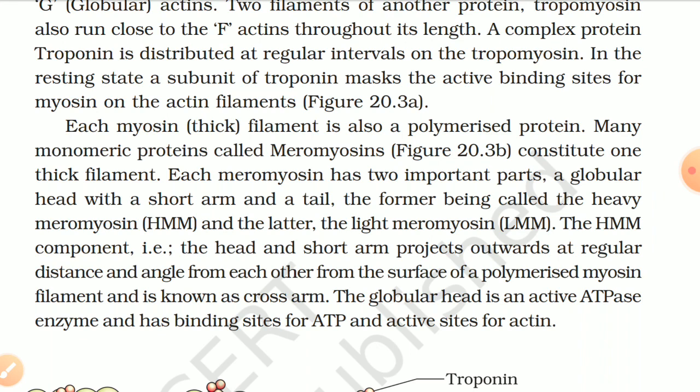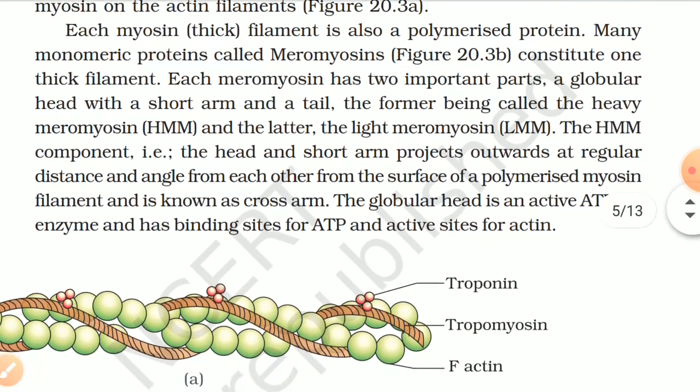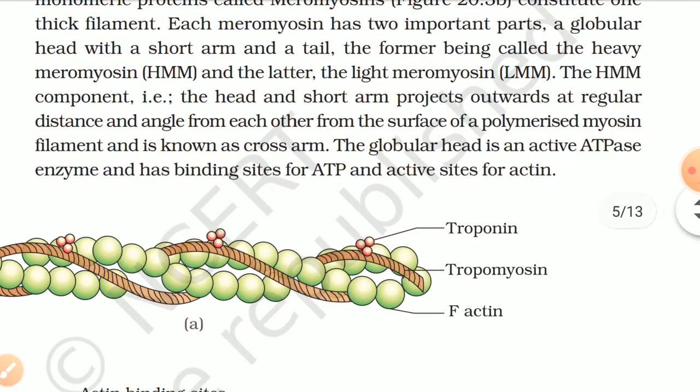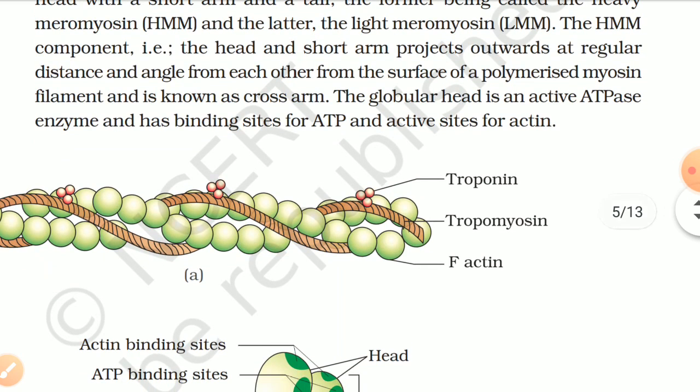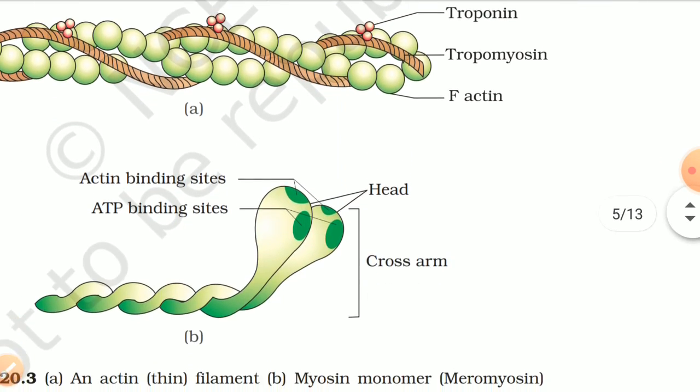The HMM component, that is the head and the short arm, projects outward at regular distances and angle from each other from the surface of a polymerized myosin filament and is known as cross arm. The globular head is an active ATPase enzyme and has a binding site for ATP and an active site for actin.